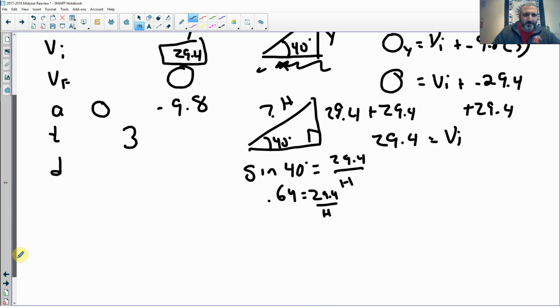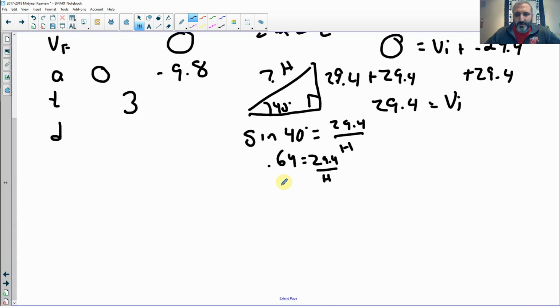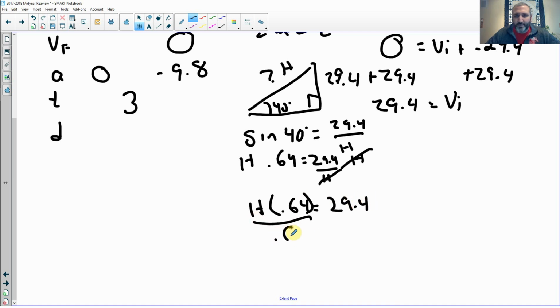To give myself some more room here. So the next step is not going to be, just divide 0.64 by 29.4. Don't do that. Multiply both sides by h, because we have to get the h by itself. So now h times 0.64 equals 29.4. Now we're going to divide both sides by 0.64.